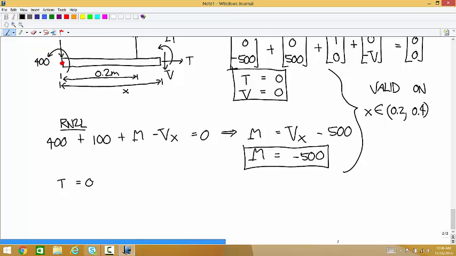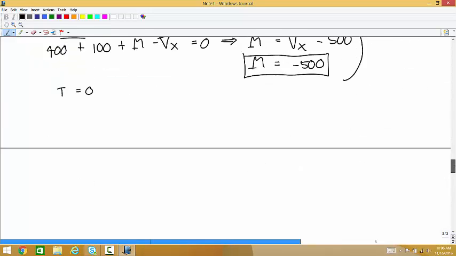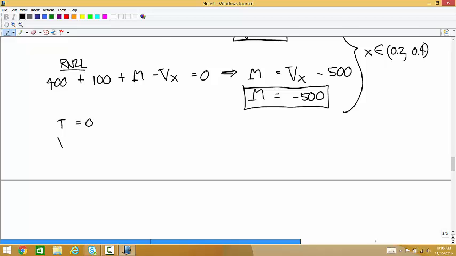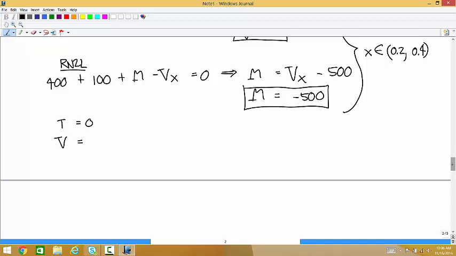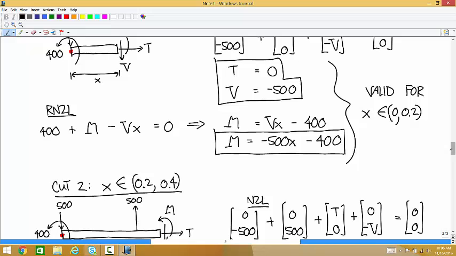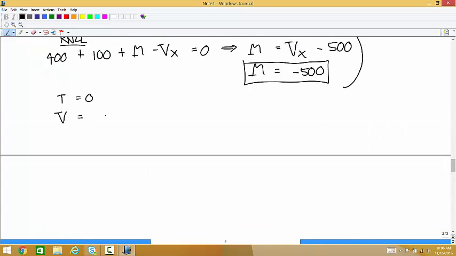T is equal to 0. V is equal to negative 500 for x between 0 and 0.2, and 0 for x between 0.2 and 0.4.